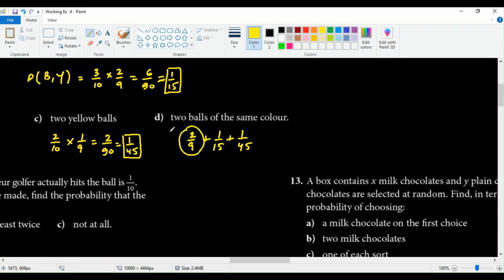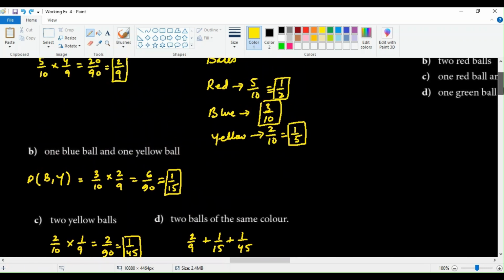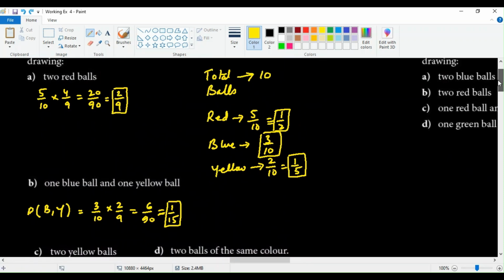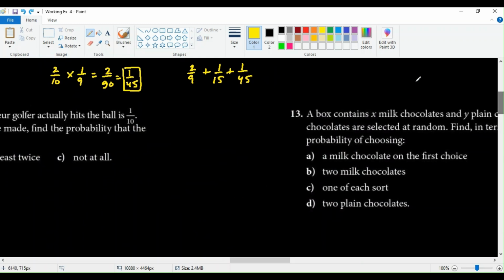If I ask you to explain, where did you get this 2 over 9? Because we don't see 2 over 9 here. This is the possibility of having 2 red balls. So we are adding all these, getting 14 over 45, which is the final answer for this question.